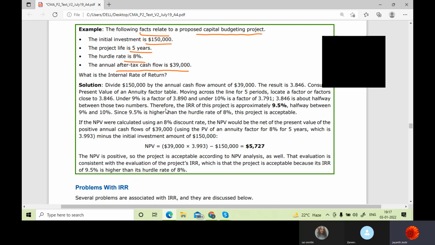So what we are doing here is first let us find out the NPV. It's very clear that this is a project which would last 5 years and the hurdle rate is 8%. That is the minimum required rate of return you desire.